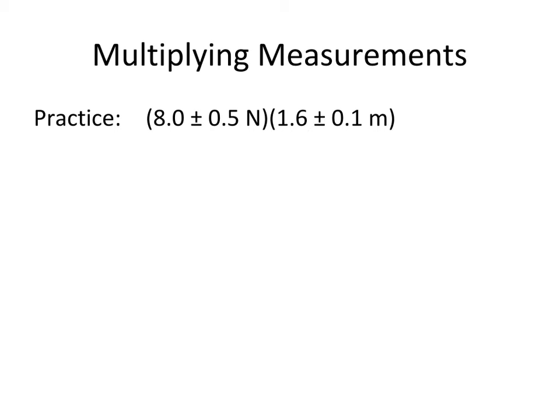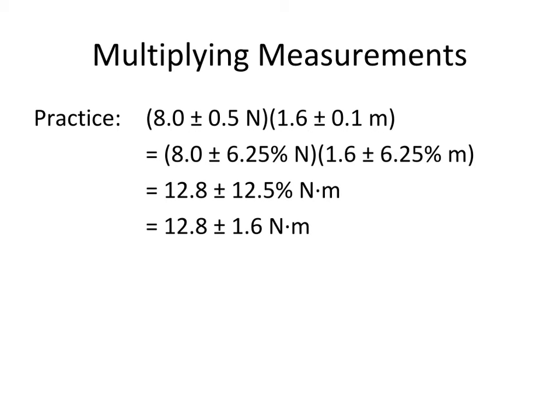Multiplying measurements works the same way. We just add the relative uncertainties. So let's try this one. So similarly, 0.5 newtons is 6.25% of 8.0 newtons, and 0.1 meters is 6.25% of 1.6 meters.